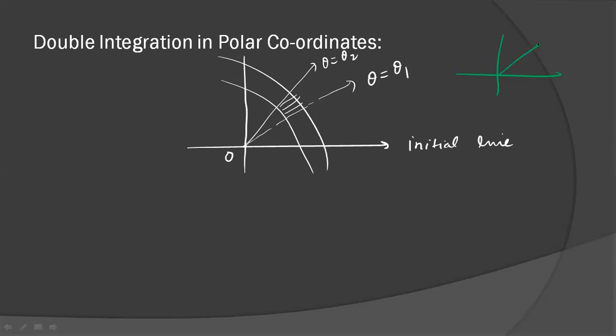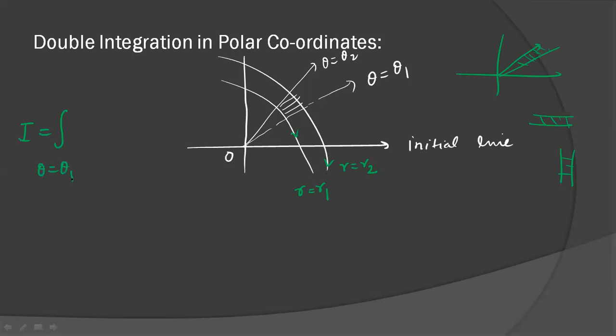We always take r in this form. When x you take in this form strip, y you take a perpendicular strip, the r strip is in this form, from the origin to a distance form line. Suppose this curve is r equal to r1 and this is r equal to r2. So what will be the double integration here?